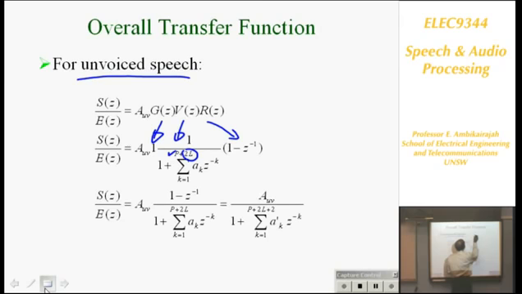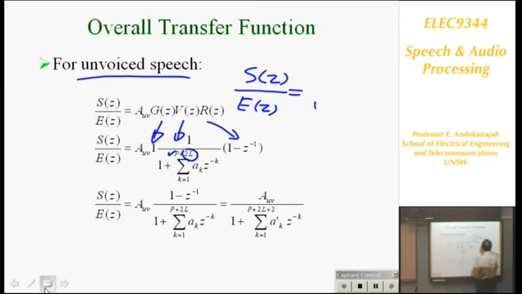So the unvoiced speech transfer function S(z) over E(z) is equal to, G(z) is 1, you'll have A, U, V. Then the vocal tract would have zeros on the top and poles as well, both. And then R(z), which we know is only a single order.